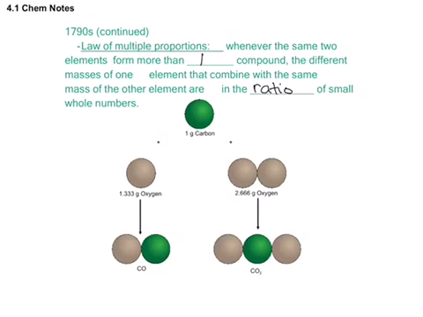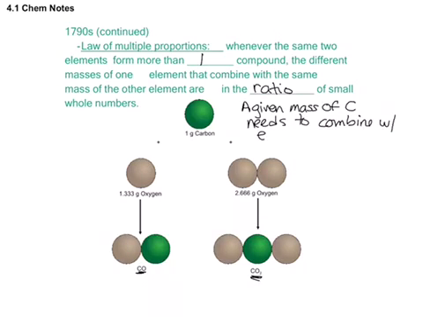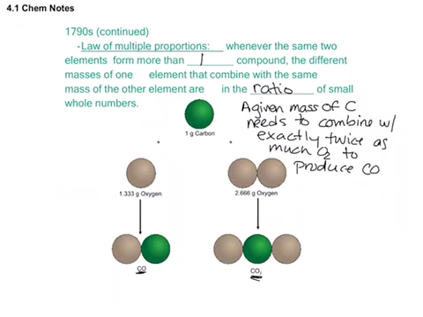So what this is basically saying is that if, let's say, we have carbon monoxide and carbon dioxide, since they both contain the same elements but combine to form different ratios, a given mass of carbon needs to combine with exactly twice as much oxygen to produce CO2 as it does to produce CO.